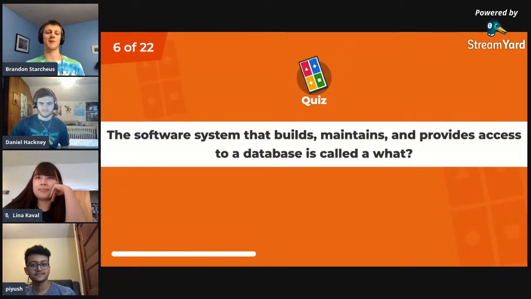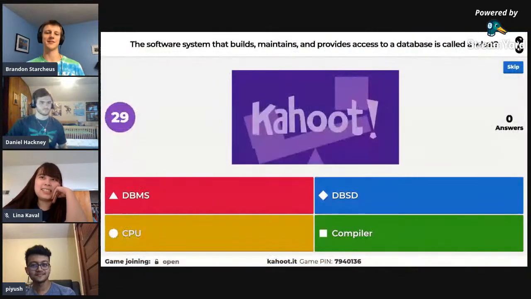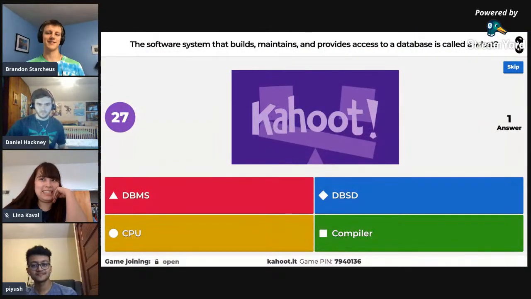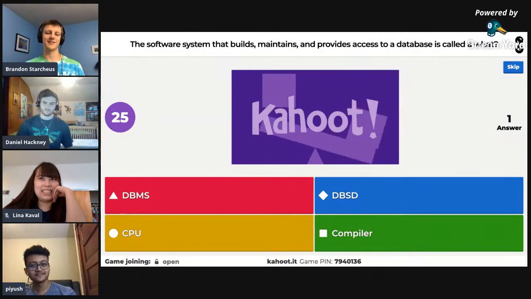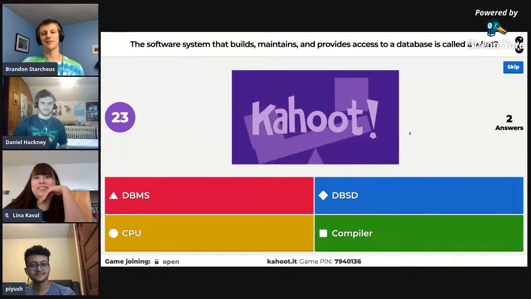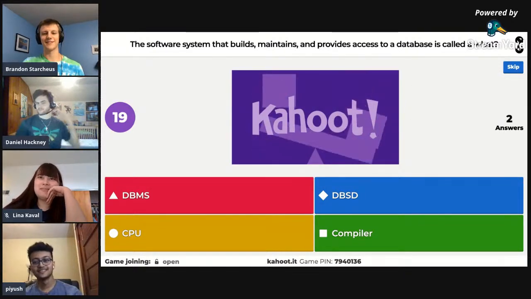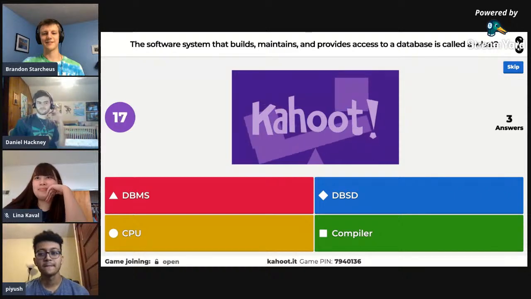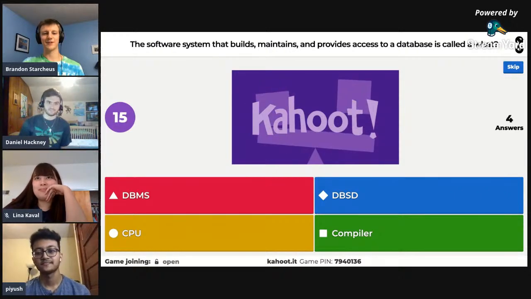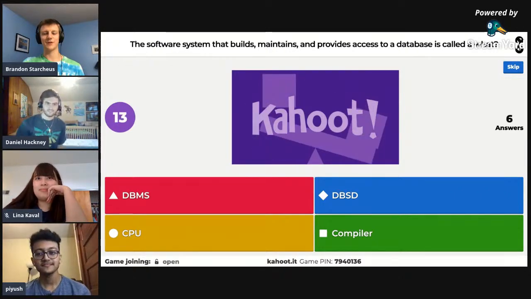The software system that builds, maintains, and provides access to a database is called a CPU. Of course. I don't even know what one of them stands for.